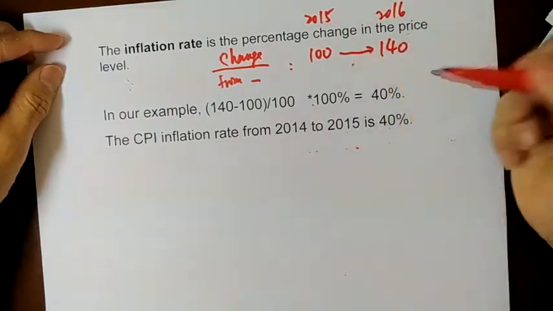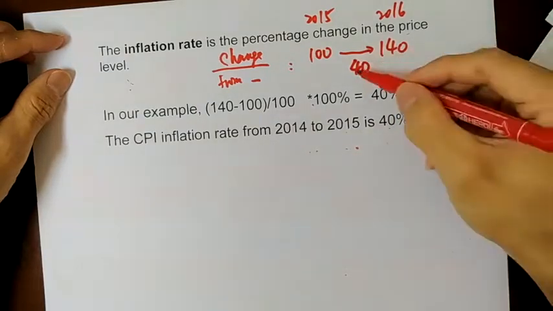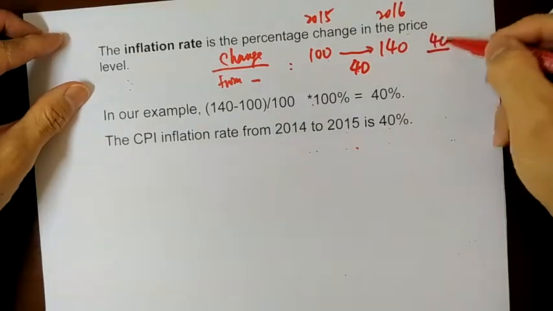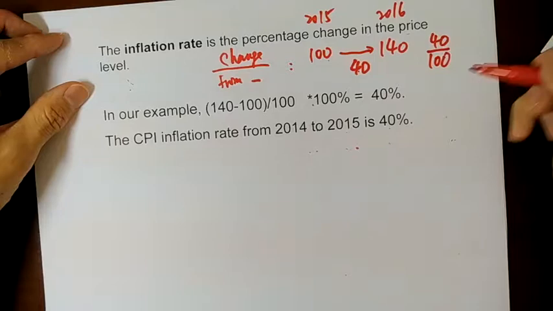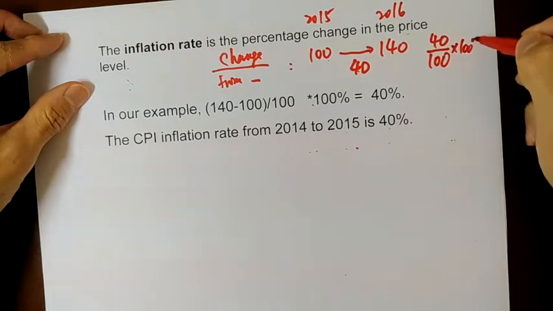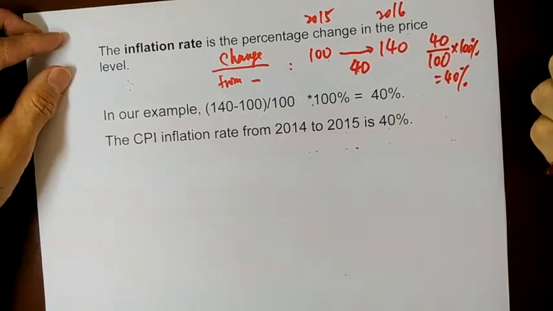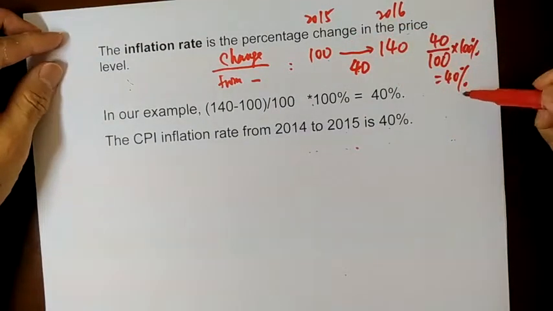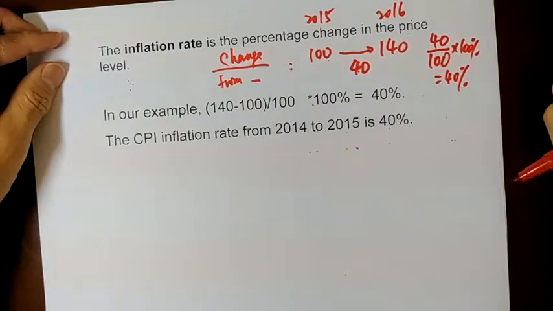So how much is the change? It is 40. Change from what? Change from 100. Therefore, a change from 100 by 40 is a 40% change in the price level. Therefore, the inflation is 40%.